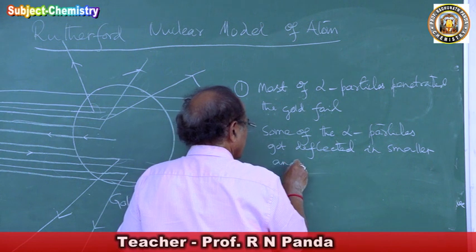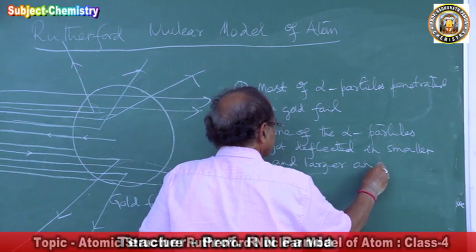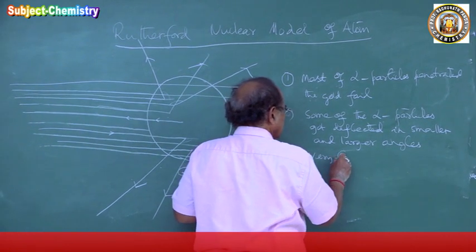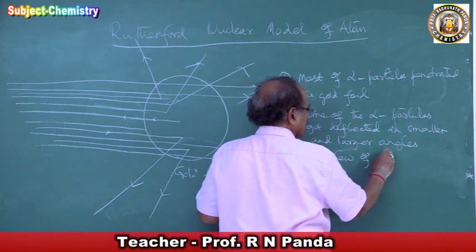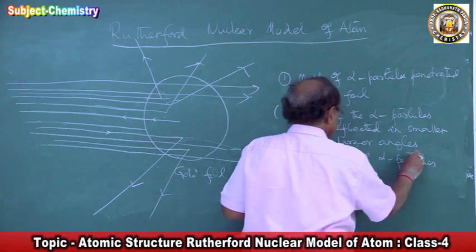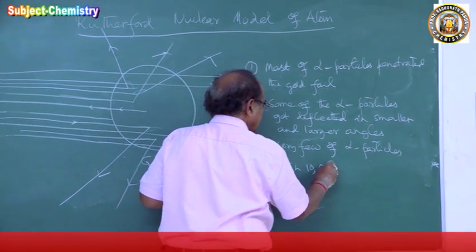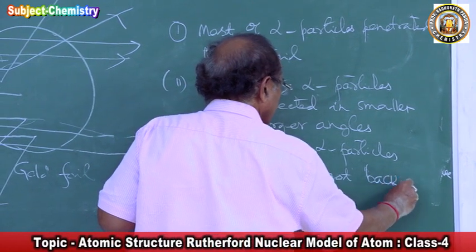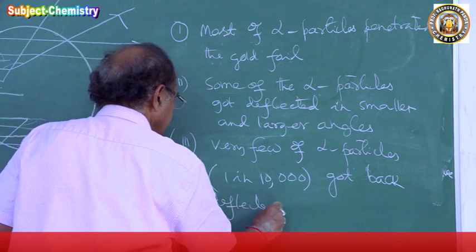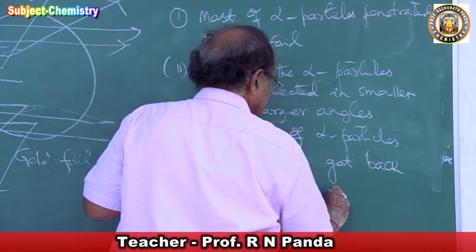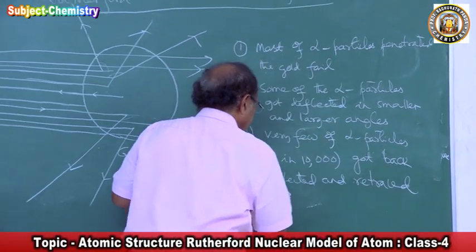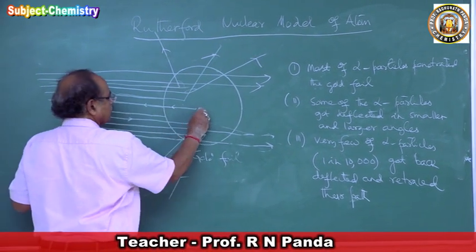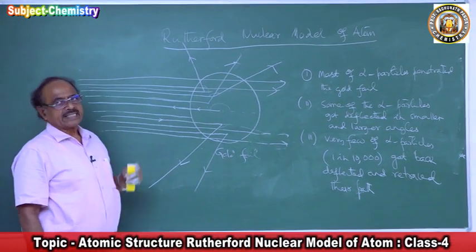And the third observation: very few alpha particles, as good as 1 in 10,000, got deflected back and retraced their path. Means the path in which they went, they came back in the same path. They should have gone like this. So what is the angle? The angle of deflection is 180 degrees maximum.